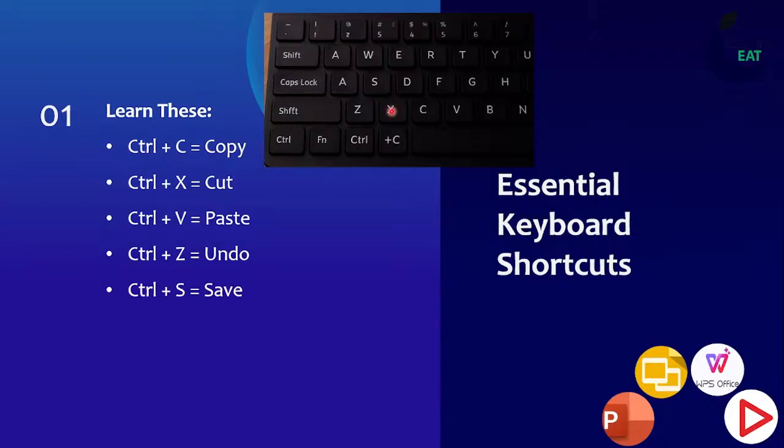Okay, now Control C is used for copying. So when you use Control C, it copies an item. You first of all have to highlight that item, then you copy it, while Control X is used for cut. When you press Control X, it cuts the item.